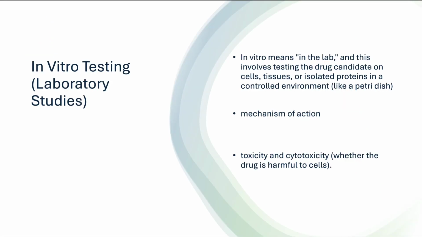In vitro means in the lab, and this involves testing the drug candidate on cells, tissues, or isolated proteins in a controlled environment, like a petri dish. Scientists assess whether the drug has the desired effect on the target and start to study its mechanism of action. They also check for toxicity and cytotoxicity.